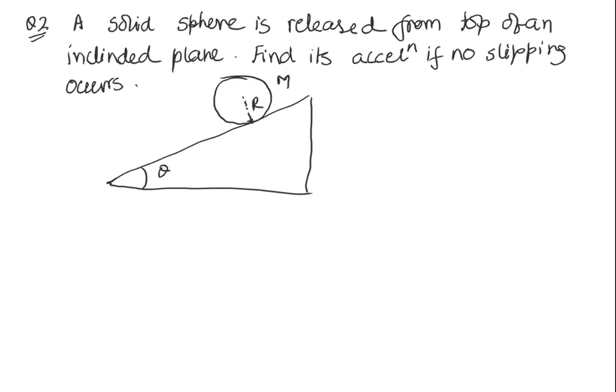So in this case, I will quickly go through the motions. ये अपना mg एक्ट कर रहा है यहाँ पे और ये एक नॉर्मल रिएक्शन एक्ट कर रहा है यहाँ पे. ये हुआ कि there is no torque. If there is no torque, then this means that this will translate, and therefore friction must be opposite to translation.